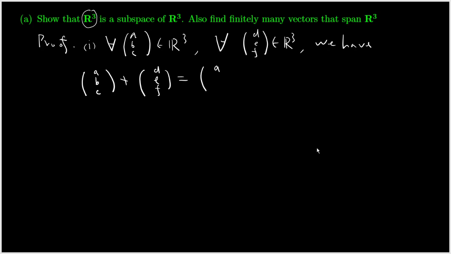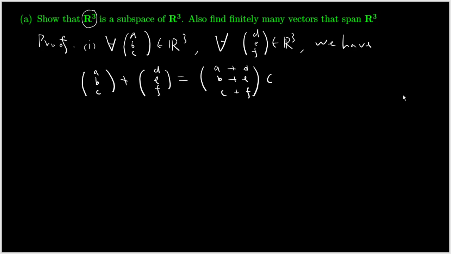So the first component is A plus D, the second component is B plus E, and the third component is C plus F. As long as you have a vector with three components, then that's a vector in R3. So the sum of the two vectors in R3 is of course a vector in R3, right?